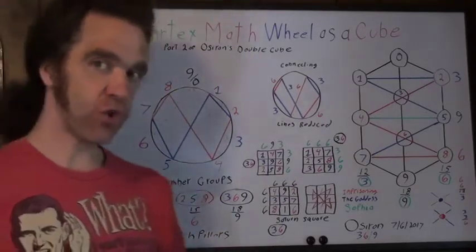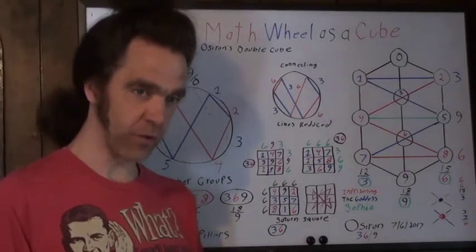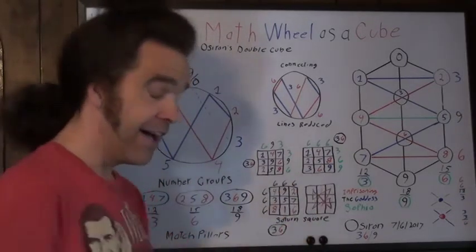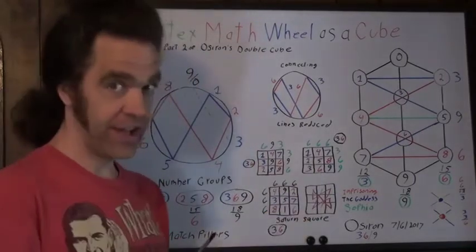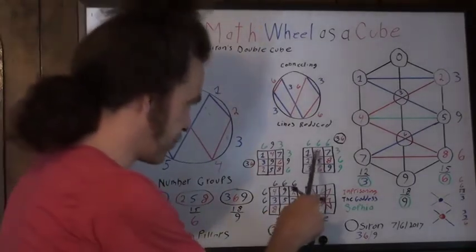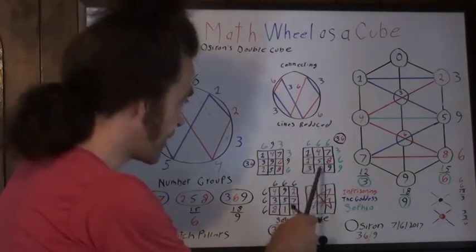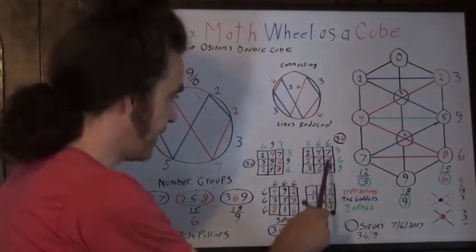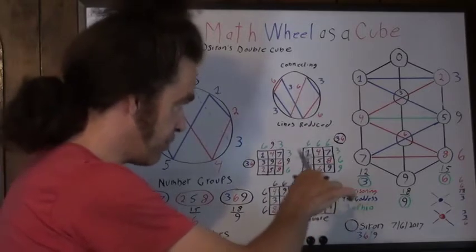But the natural order is this. If you write out the numbers naturally without any alteration of 1, 2, 3, 4, 5, 6, 7, 8, 9, the feminine takes the corners and the center, and the masculine numbers take the supporting role of the inner numbers. So 2, 4, 6, and 8 are the inner squares here, and the 1, 3, 7, 9 are the outer corners, and the 5 is right in the middle.